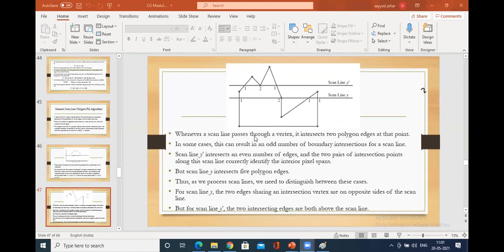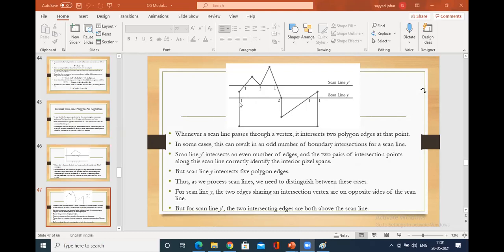Scanline y dash intersects an even number of edges, and two pairs of intersection points along the scan line correctly identify the interior pixels of the pixel spans. But scanline y intersects 5 polygon edges.